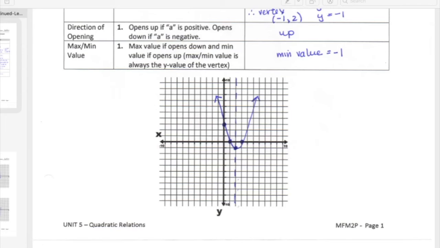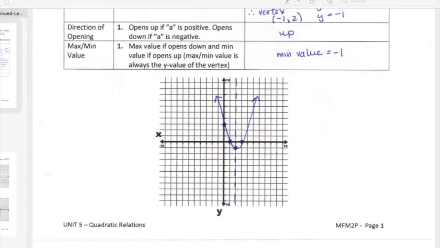So the minimum value is going to be the same as the y value of our vertex. So since the y value of our vertex was negative 1, the lowest point this reaches is at negative 1. So our minimum value is negative 1.